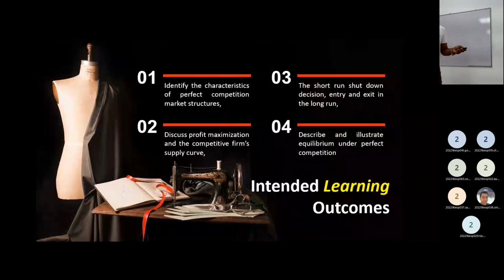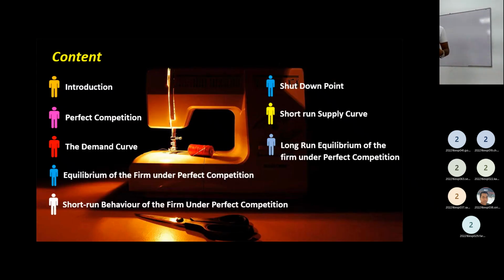To achieve those learning outcomes, we have categorized your entire topic into these subtopics. We are going to discuss the introduction part, then the perfect competition demand curve, equilibrium of the firm under perfect competition, short-run behavior of the firm under perfect competition, shutdown point, then the short-run supply curve, and finally the long-run equilibrium of the firm under perfect competition.